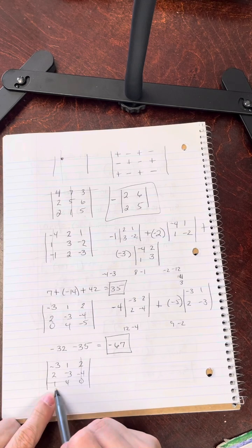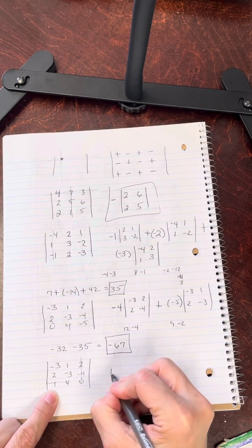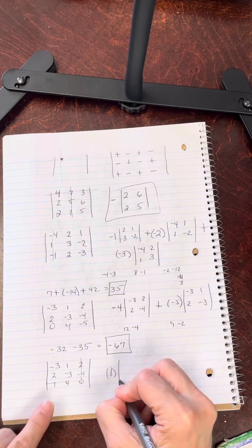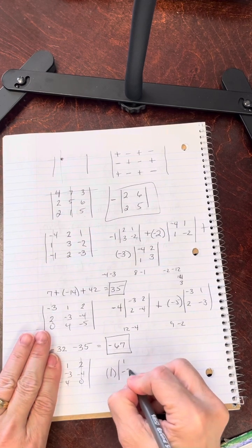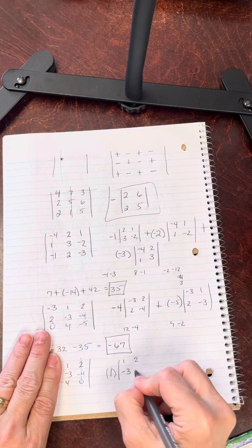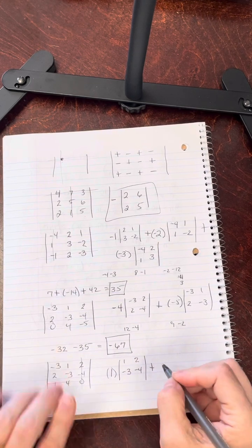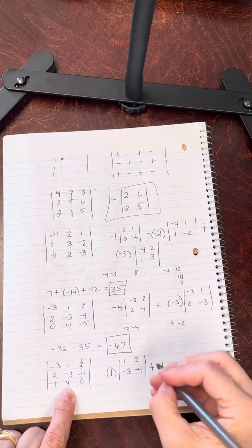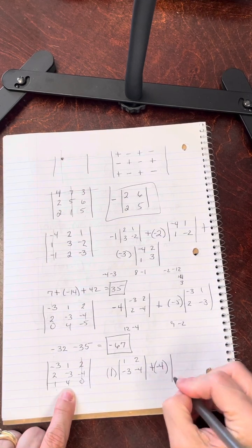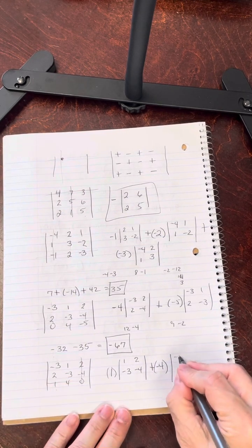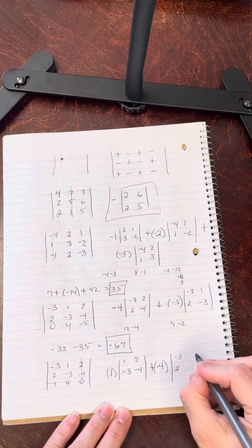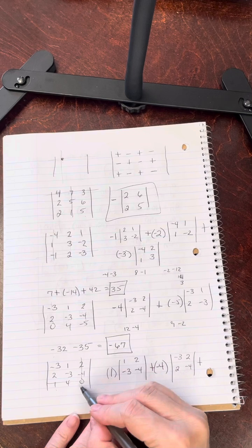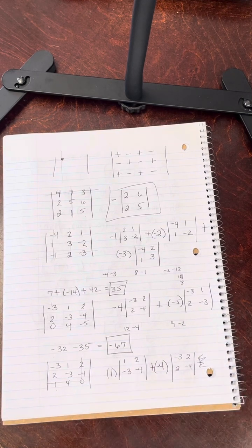All right, so this is a 1 that's being lost, positive, negative, positive. All right, and it is going with, if I'm losing this one, 1, negative 3, 2, negative 4, plus, then the 4 is in the spot. So positive, negative. So negative 4 going with negative 3, 2, 2, negative 4 plus, and then that 0 doesn't keep any of that last piece.